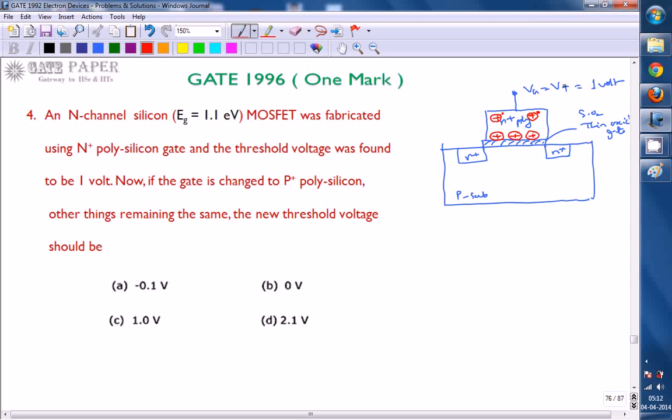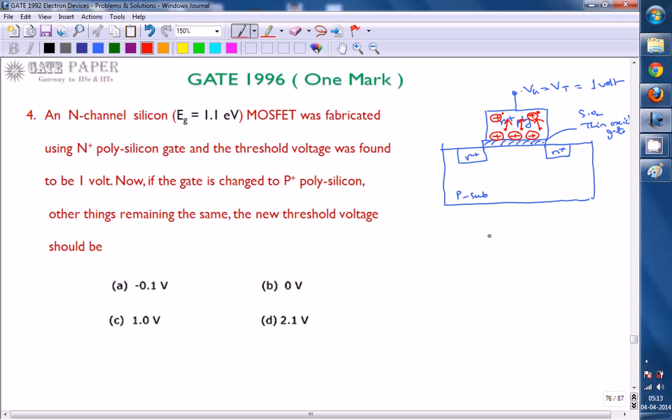But whenever you apply a positive voltage at the gate, the electrons from these ions are attracted towards that positive gate voltage. For N plus poly, the electrons from the region nearby the silicon dioxide move towards the gate side, moving away from the SiO2 layer, so positive ions get created.